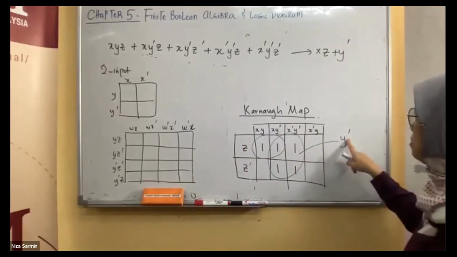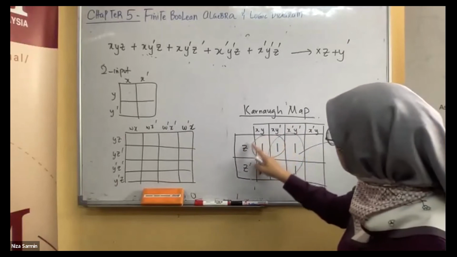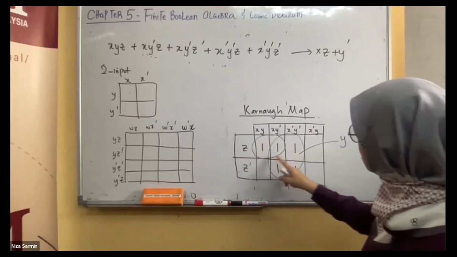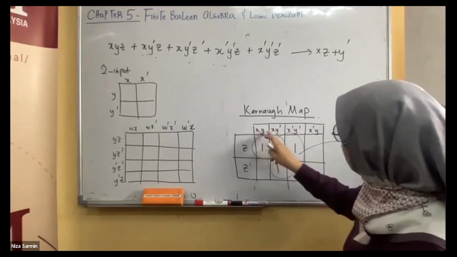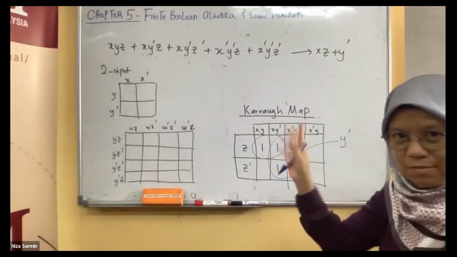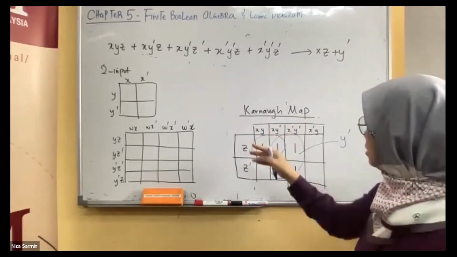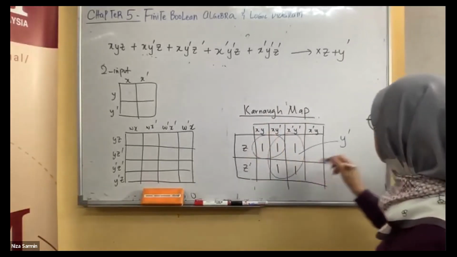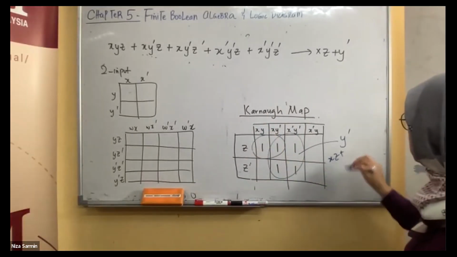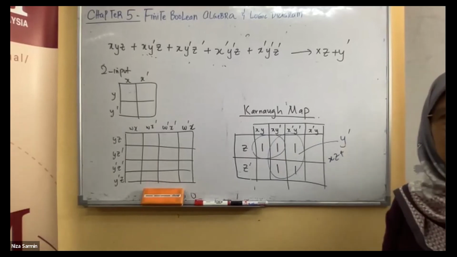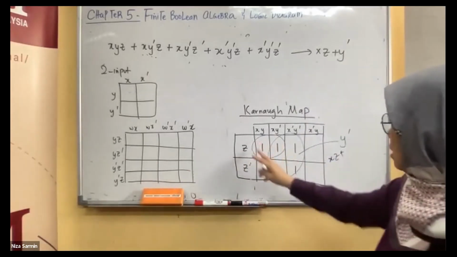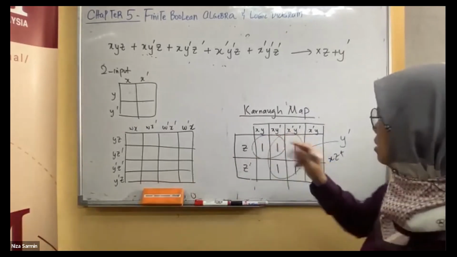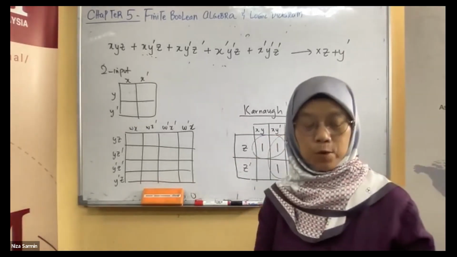So this is y prime. And what does this one cover? This one covers x, y prime already 1, right? Y prime covered, so x and z. So that is why from the Karnaugh map, the answer is xz plus y prime. All right.